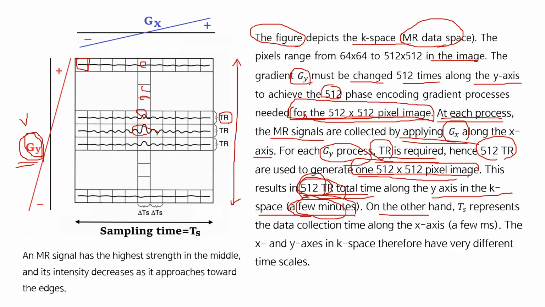On the other hand, TS represents the data collection time along the x-axis, which is just a few milliseconds. So the x-axis and y-axis in k-space therefore have very different time scales.